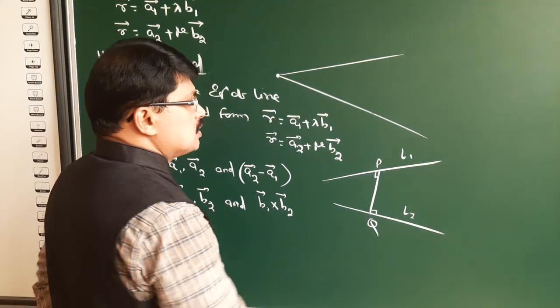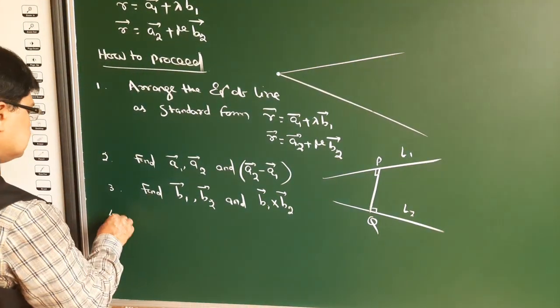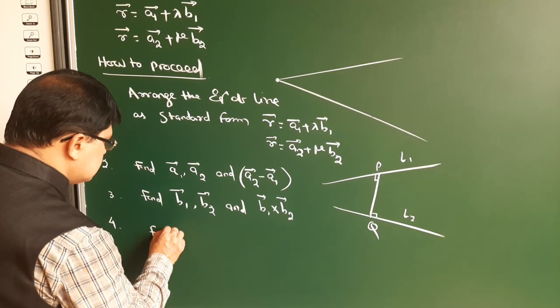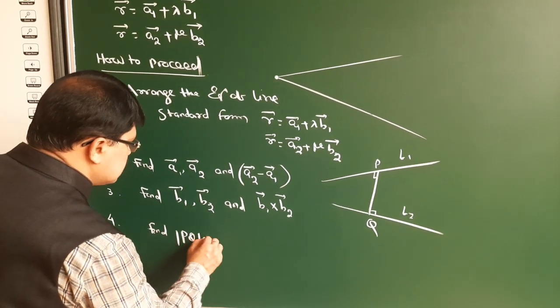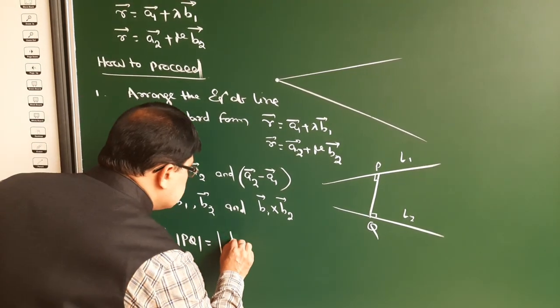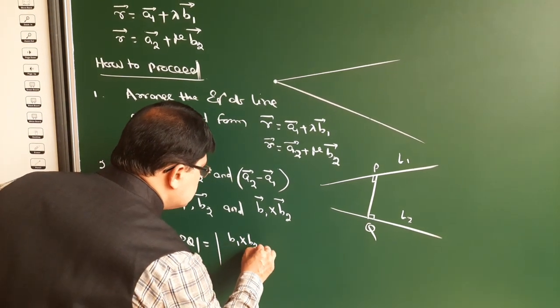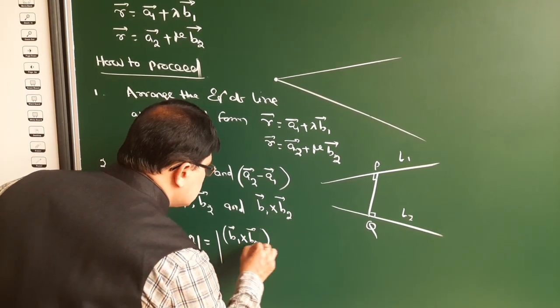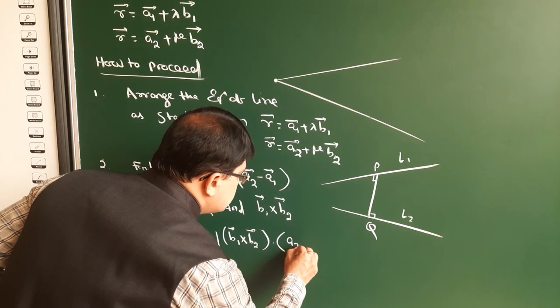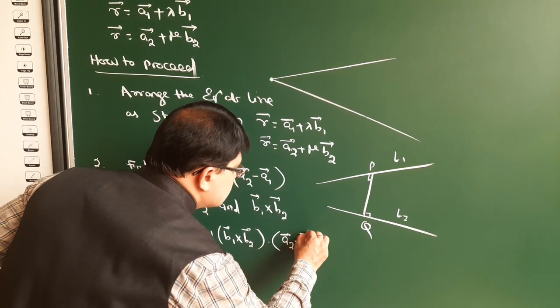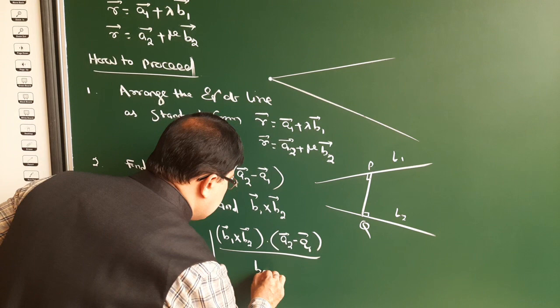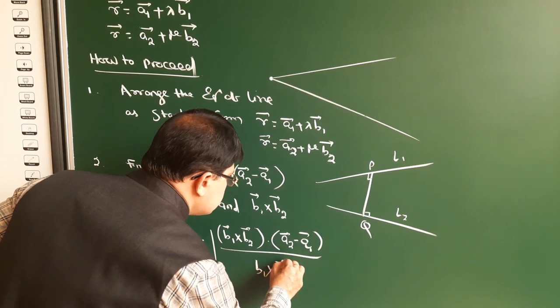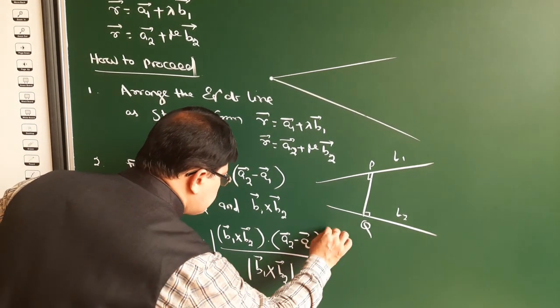Understood my point? So this distance PQ, to find PQ, you just use this formula: it is b1 cross b2 dot a2 vector minus a1 vector, whole divided by magnitude of b1 cross b2.